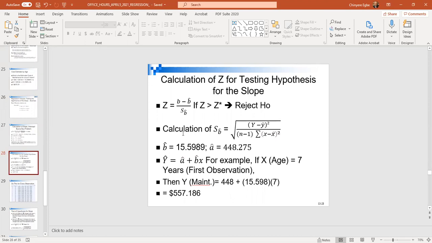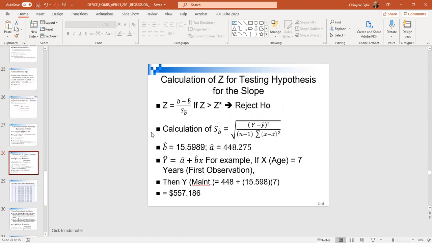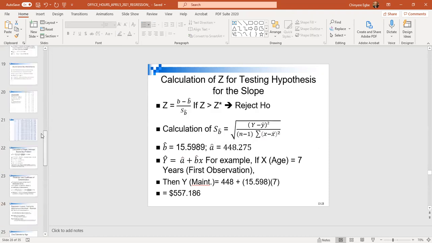The test of hypothesis will be the same thing. We're going to have a hypothesis. So I'm going to get the formula for test of hypothesis and take it up here.